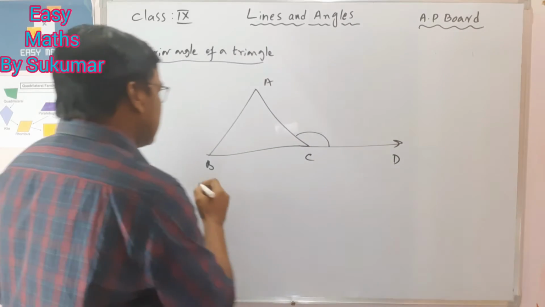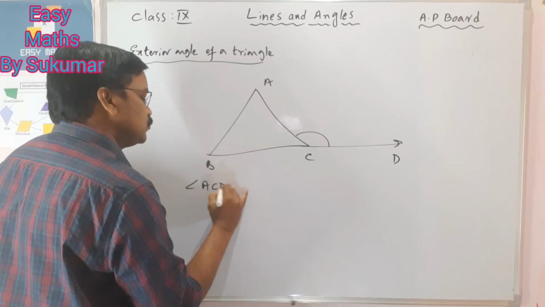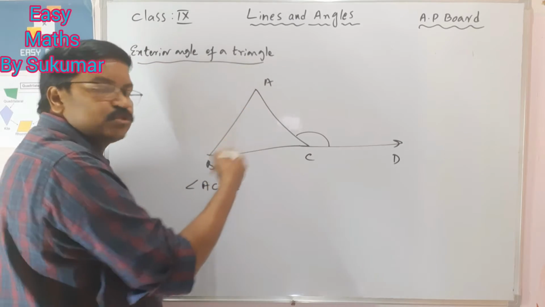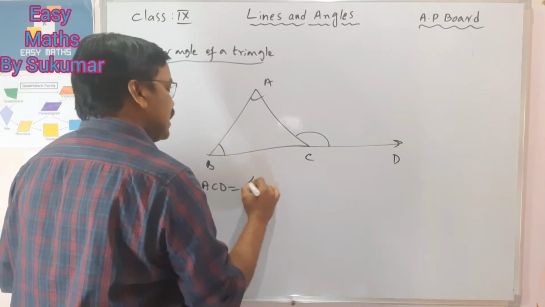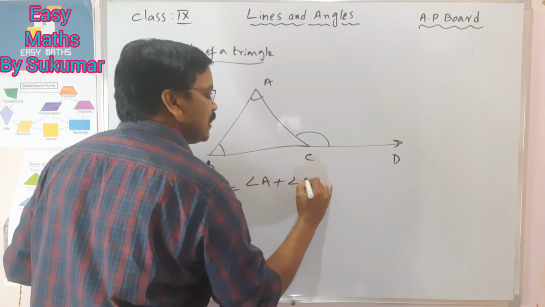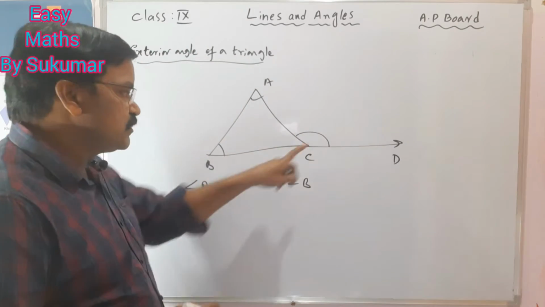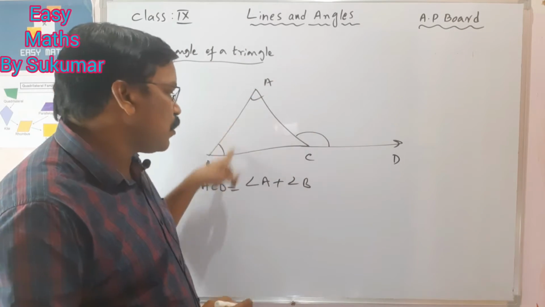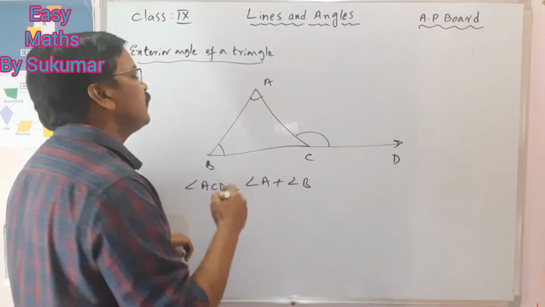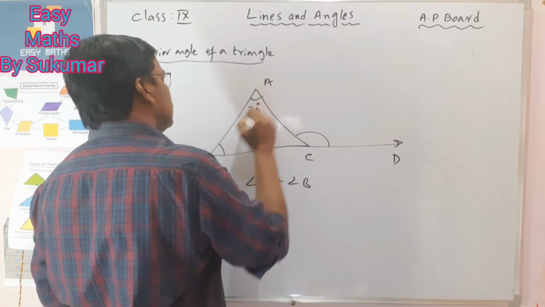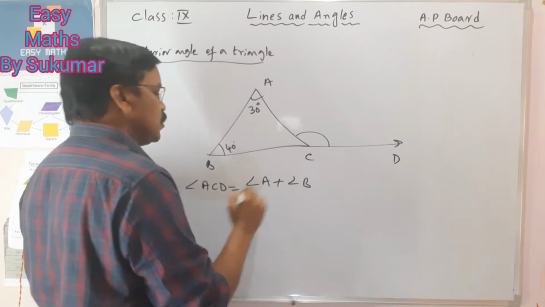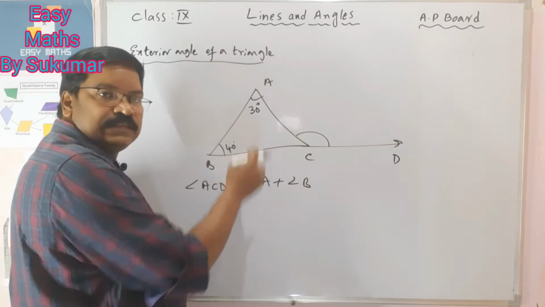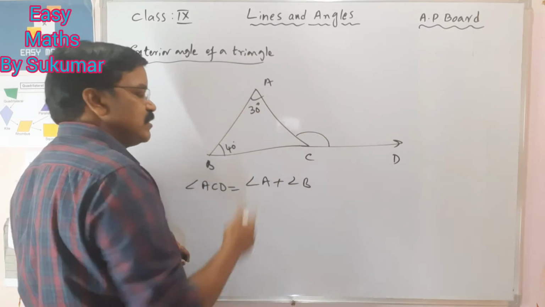This exterior angle ACD is equal to the sum of the opposite two interior angles. That means angle A plus angle B. For example, if this is some 30 degrees and this is some 40 degrees, then angle ACD is 30 plus 40, that is 70 degrees.